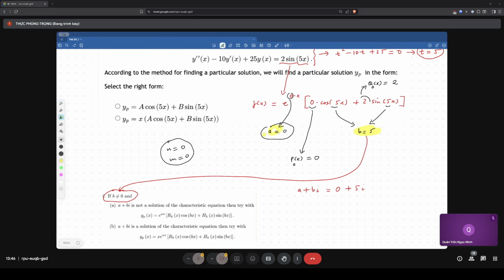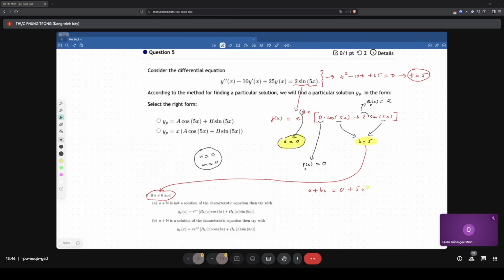A is 0, B is 5, so A plus BI is 0 plus 5i. 5i is not a solution, right? 5i is not equal to 5, so we fall in this situation.